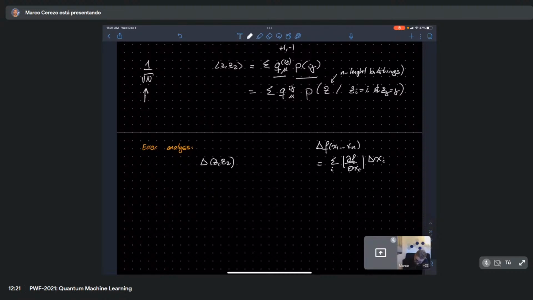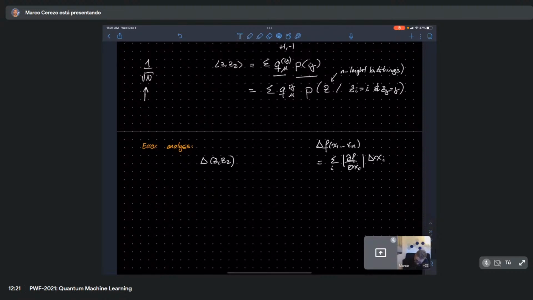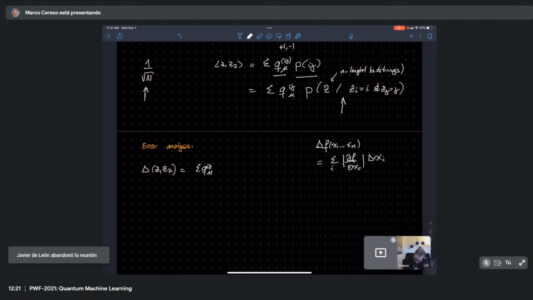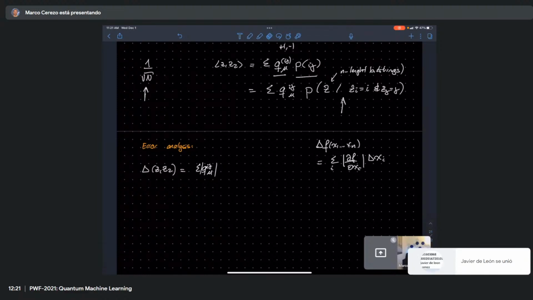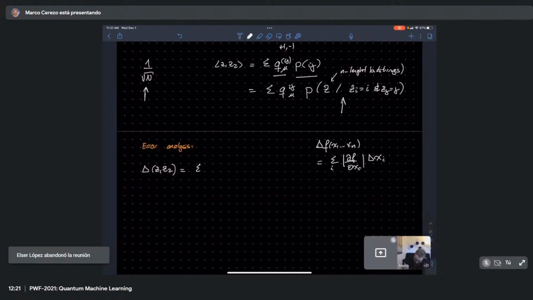So this is going to be expressed using this formula. The uncertainty of computing this expectation value through measuring all the qubits as a summation of Qij mu, right? We're going to get an absolute value here. This is a +1 or a -1, so this is just going to go away, of the expectation value of each probability.